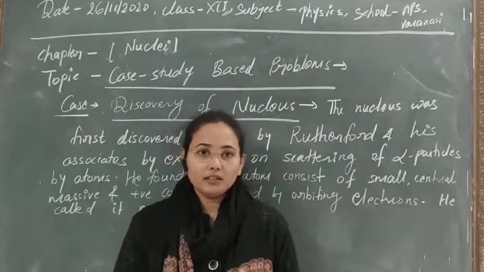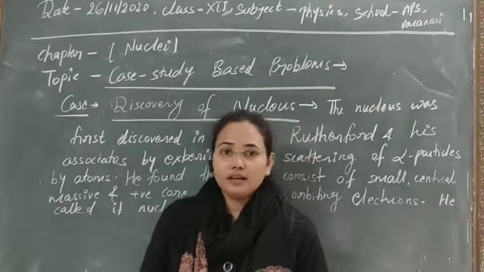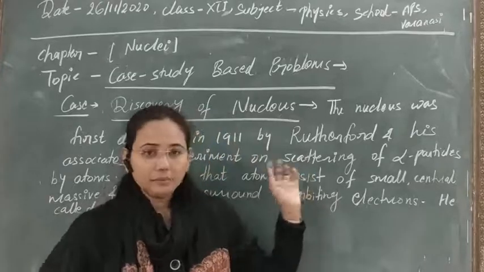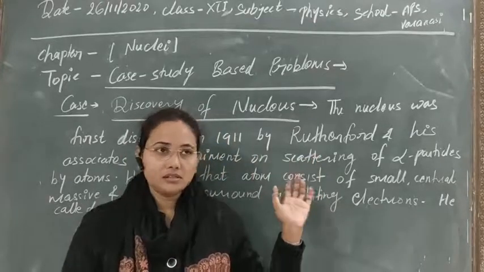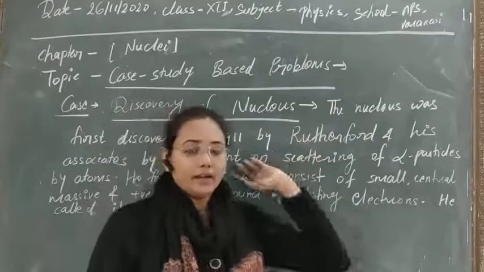First of all, as you know, Thomson tried to give an atomic model. One case can be based on the atomic model also, so besides this I have taken the case of atomic models.